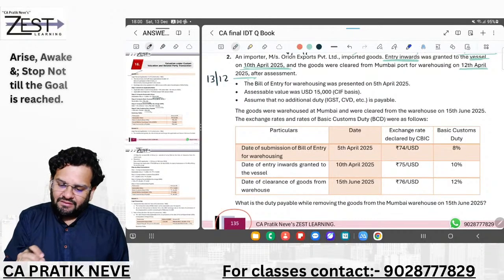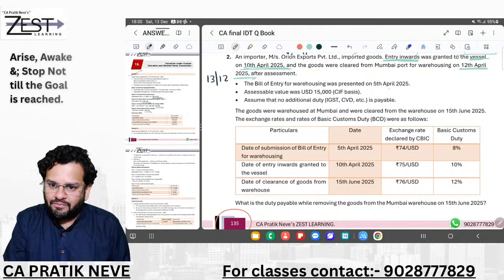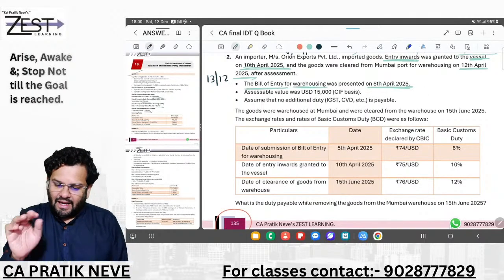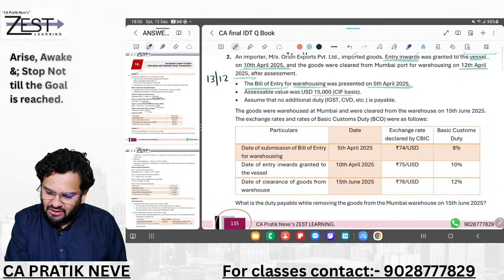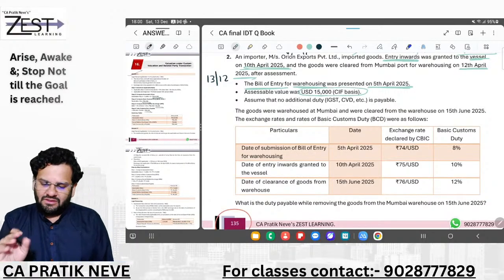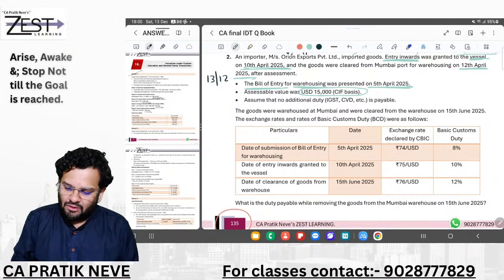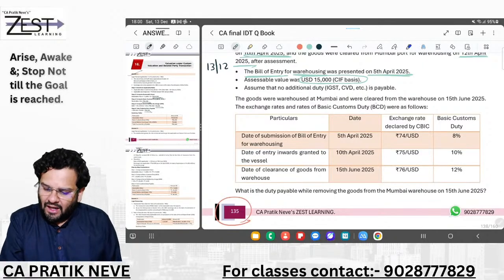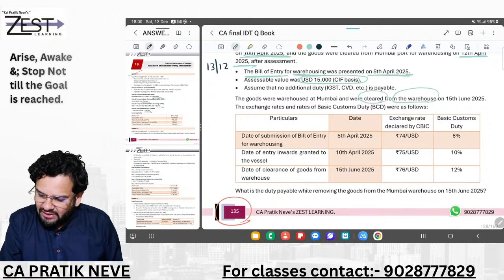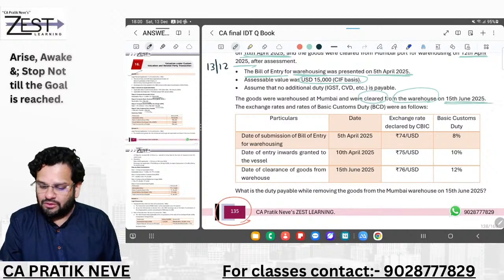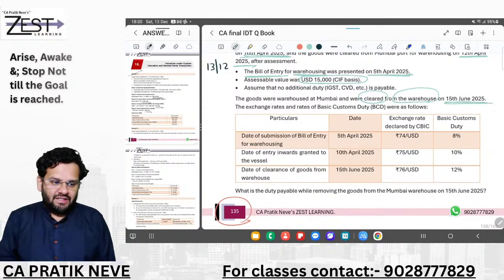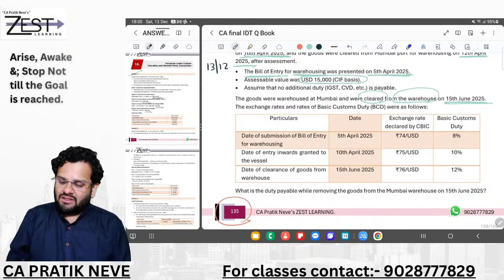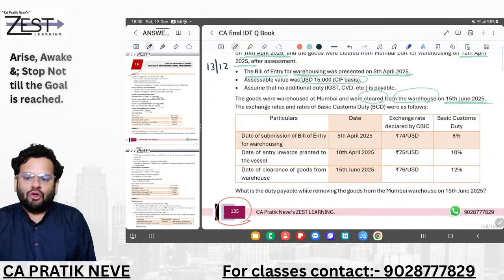The bill of entry for warehousing was presented on 5th April. Assessable value was 15,000 US dollar on CIF. No additional duties payable. Goods were warehoused in Mumbai and were cleared from warehouse on 15th June 25. Friends, the exchange rates and rates of basic customs duty were as follows.